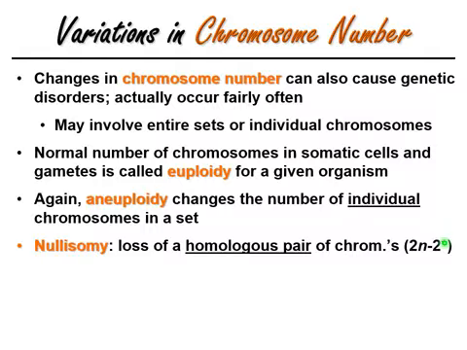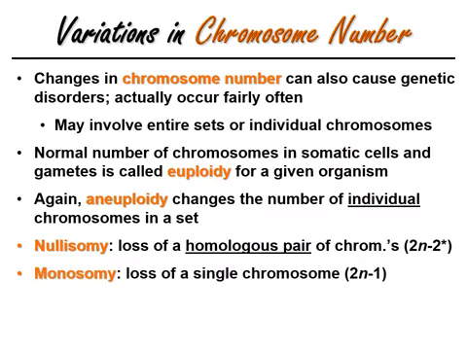That asterisk is very important because that says 2 of the same. You lost a homologous pair. So that's a nullosomy. If you just lost 1 of any chromosome, 2n, so diploid minus 1, then that's what's called a monosomy, because what you're left with is 1 remaining chromosome. So you have monosomy of that particular chromosome.